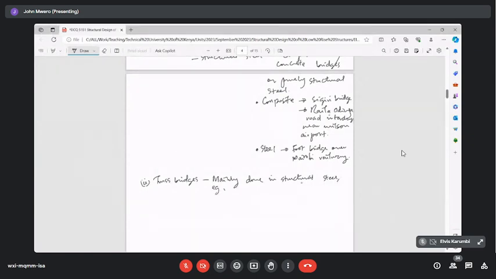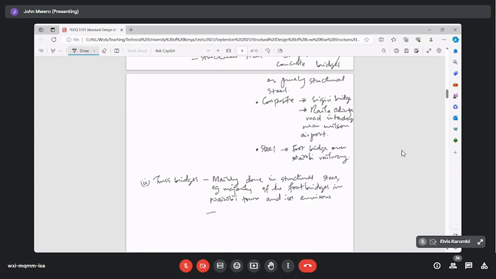The majority of the footbridges in Nairobi town and its environs. Okay, so most of the footbridges, not all of them, but a lot of them are truss bridges and they're structural steel bridges.